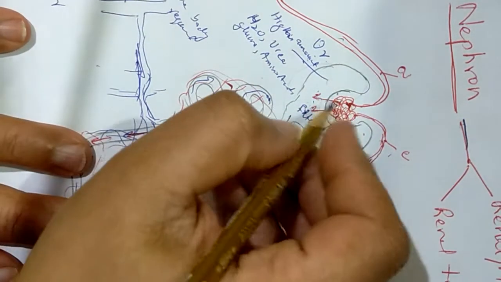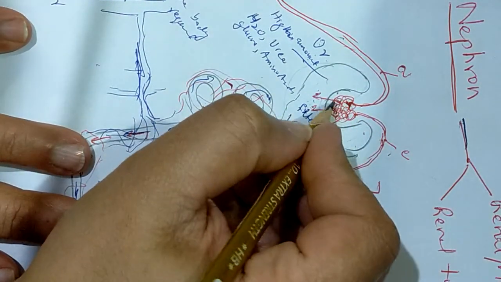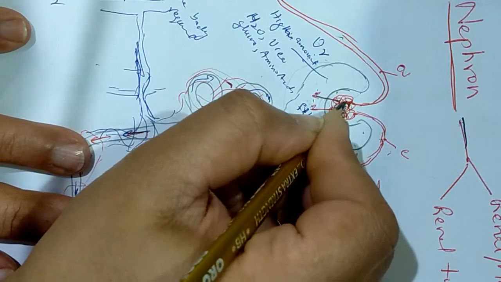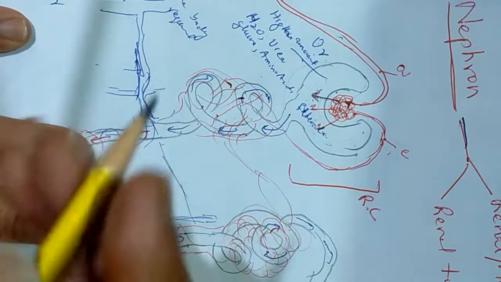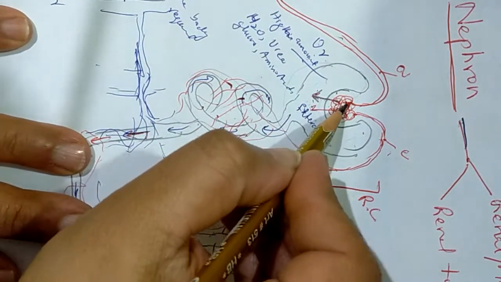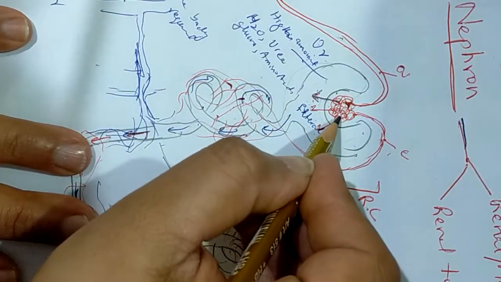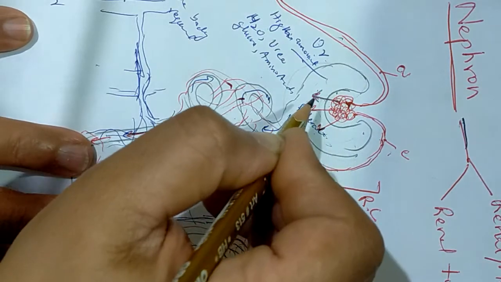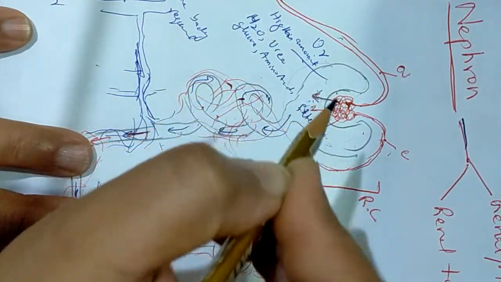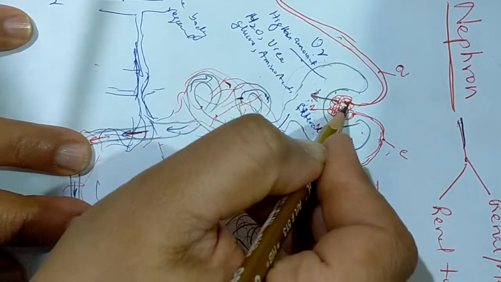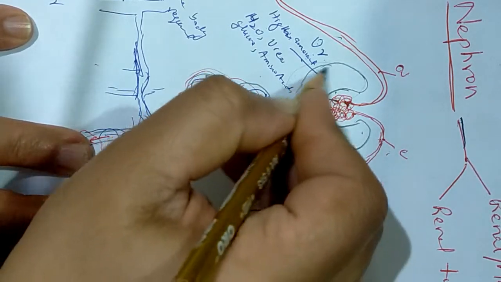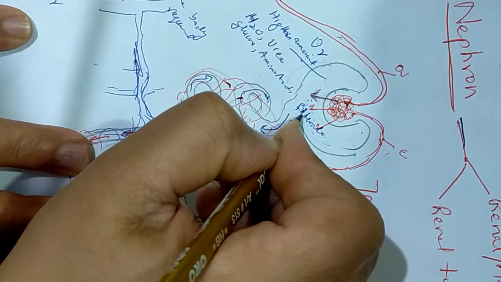What happens here? Due to the pressure of blood from this glomerulus, all material, the oxygen, water, salts, glucose, amino acids, and nitrogenous waste material in the form of urea, is filtered and enters this cup-shaped structure, which is Bowman's capsule.